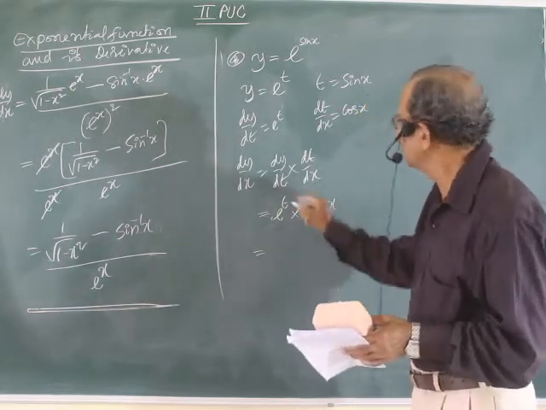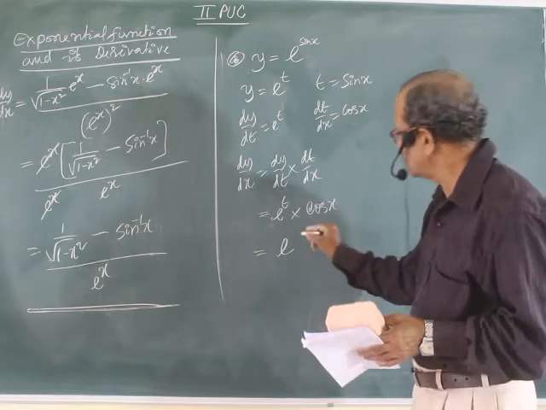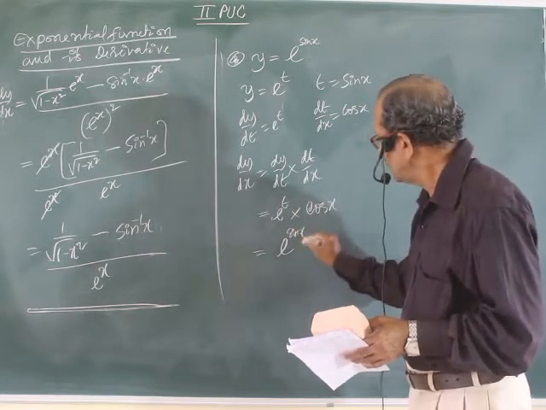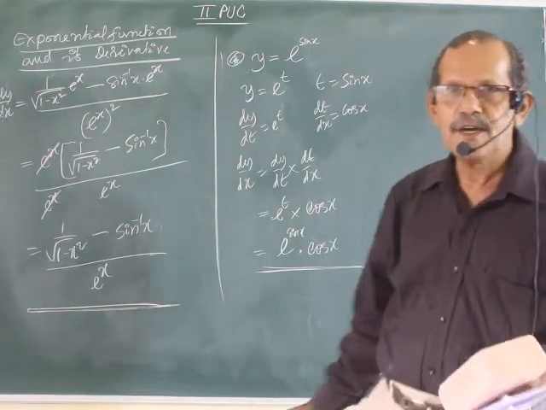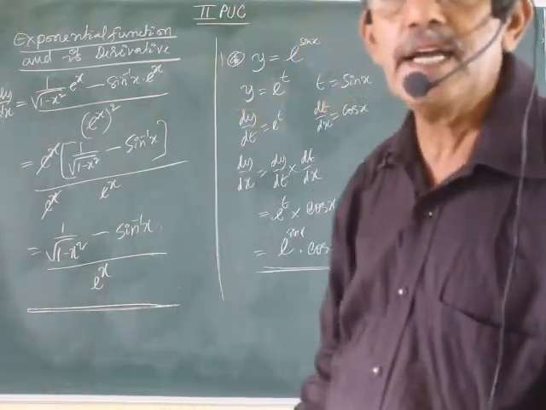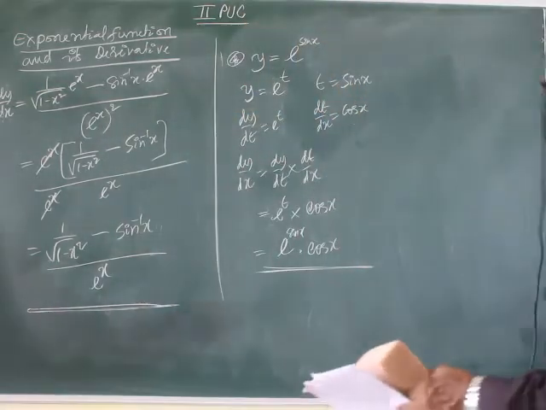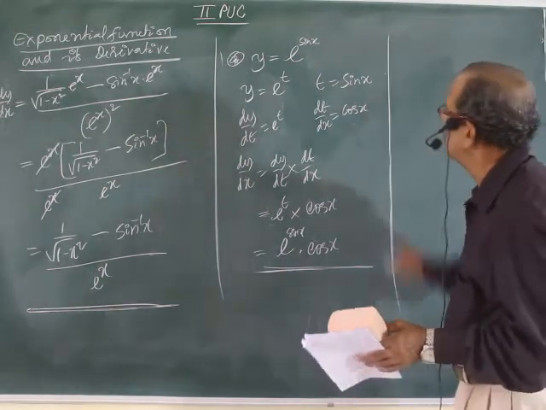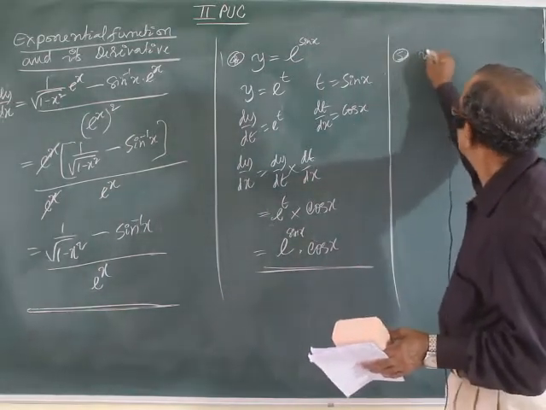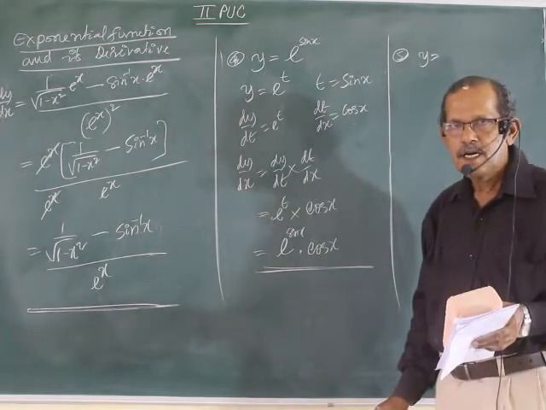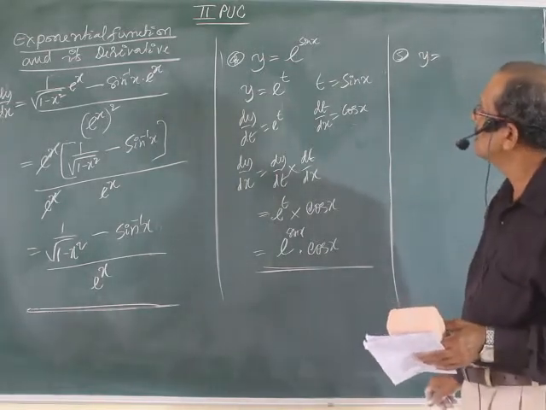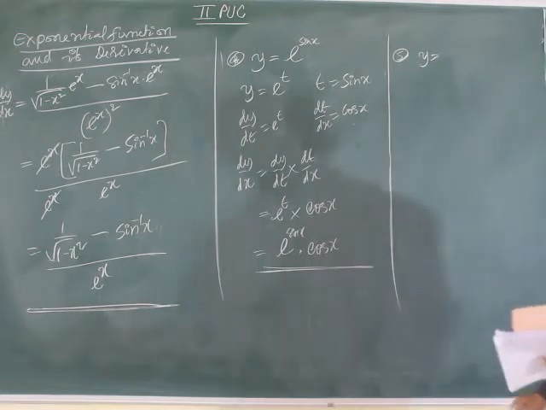It is e to the power sin x into cos x. See, you can use the exponential function in the chain rule also: e to the power sin x cos x.